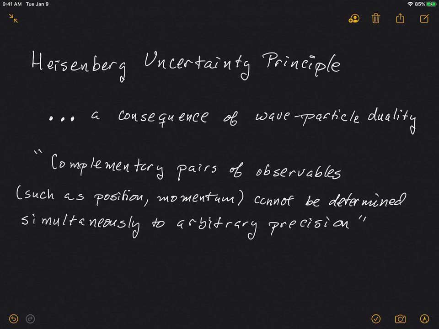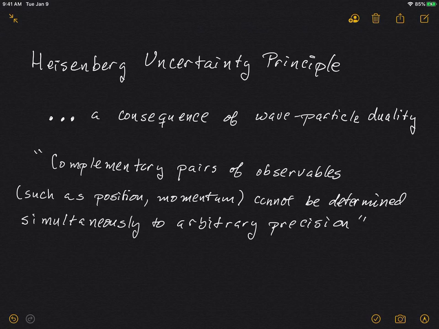Okay, next let's look at another consequence of the wave-particle duality associated with quantum mechanics, and that is the Heisenberg Uncertainty Principle. And yes, as I stated, this is a consequence of the wave-like nature of matter that is central to quantum mechanics.